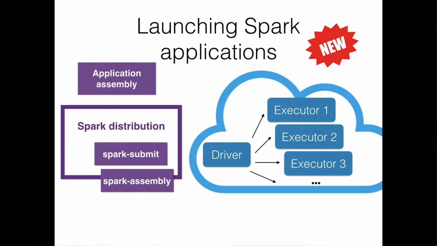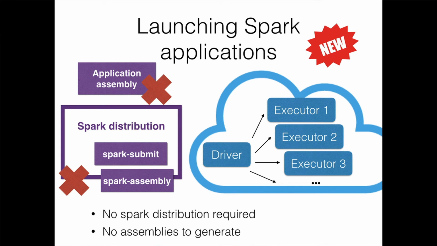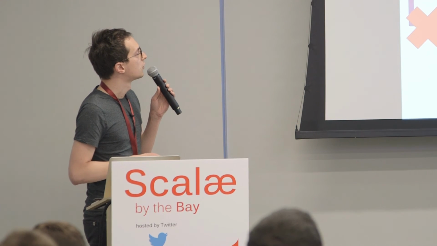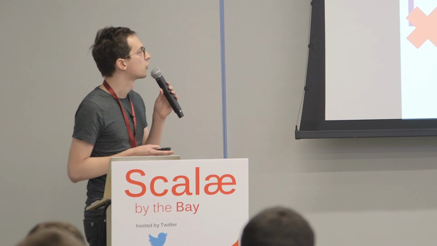We have our application class path here, and 2 class paths that come from the Spark distribution here, and coursier Spark Submit handles all of them transparently. We don't have to manually manage this one, or manually manage a Spark distribution, so that allows us to launch Spark applications in a really straightforward way without having to manage assemblies or Spark distributions.